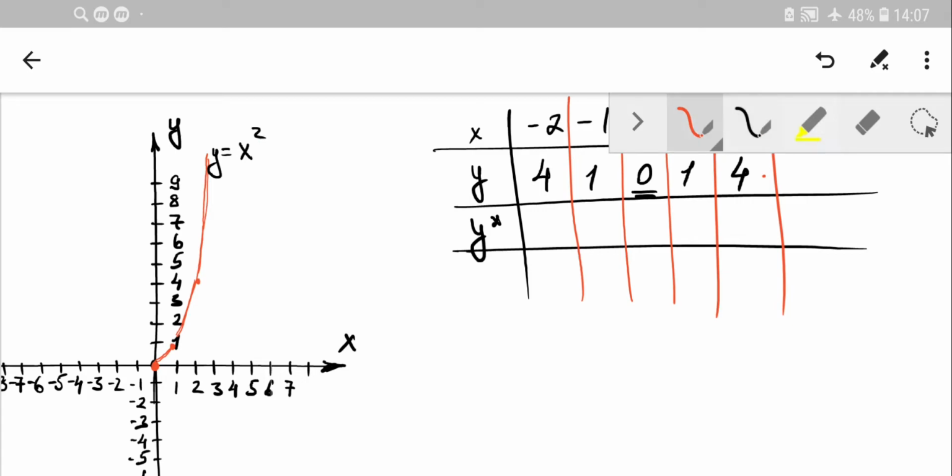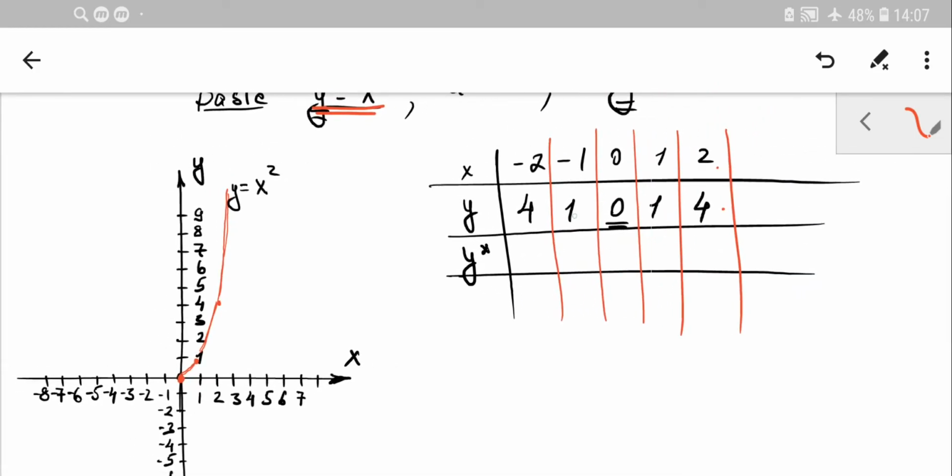The left-hand side is mirrored according to the values we have. For -1, we also have 1, and for -2, we also have 4. So it's simply reflected along the y-axis, and the right-hand side just repeats the left-hand side of the graph.